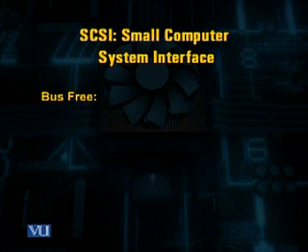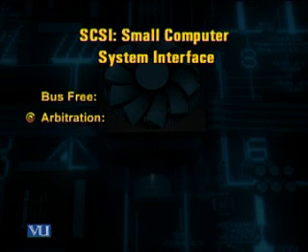The series of actions are the bus free. The bus free action is one which identifies that no device is currently accessing the bus. The arbitration phase is one when the SCSI bus goes free.